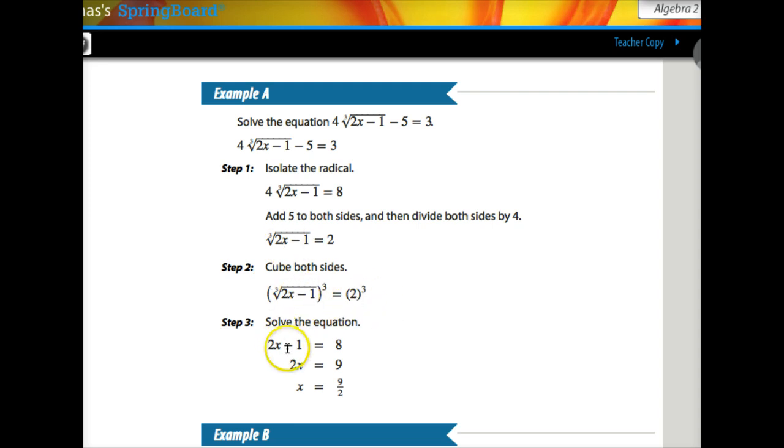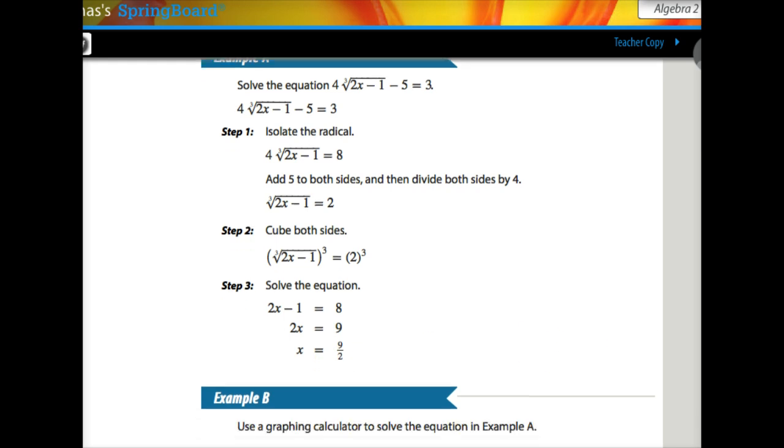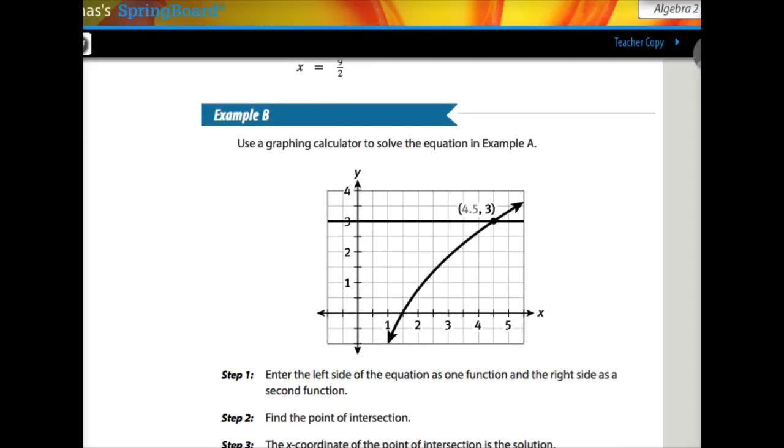That gave you 2x minus 1 equals 8. Then you have to solve the equation that's left. So add 1 to both sides, gives you 2x equals 9, and then divide by 2 to get 9/2. Again, you do not have to do step 4, no plugging in necessary.